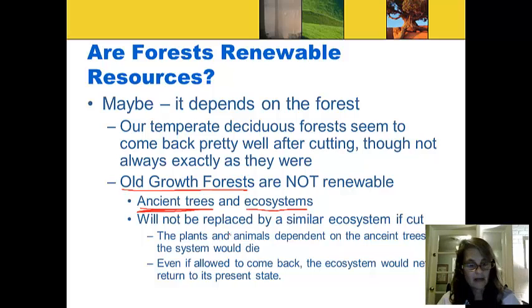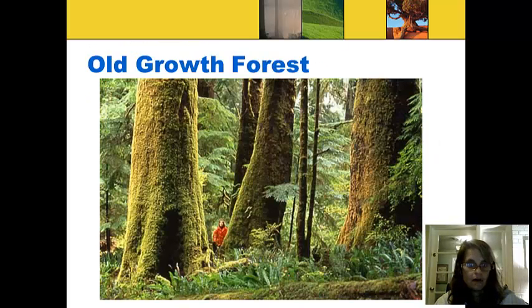If we chop down those trees, the plants and animals that are dependent on those trees would die. And even if we tried to let the trees grow back, those animals that depended on those trees are not going to come back. They're very specific to those ancient ecosystems that are nowhere else in the world. So again, some forests are renewable, some are definitely not. And there's a beautiful picture of an old growth forest.